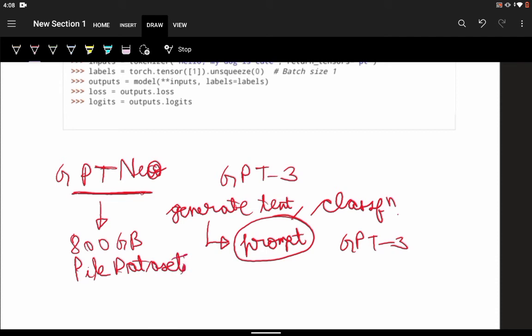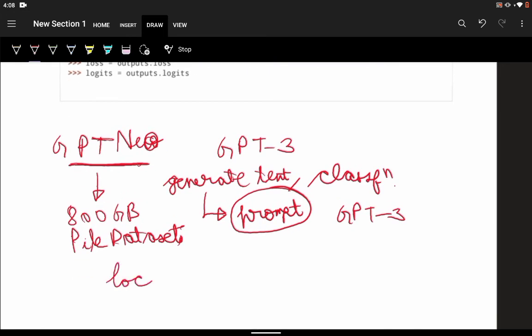Which gives it its understanding of various domains of knowledge. And one more thing is that it uses local attention instead of global attention.